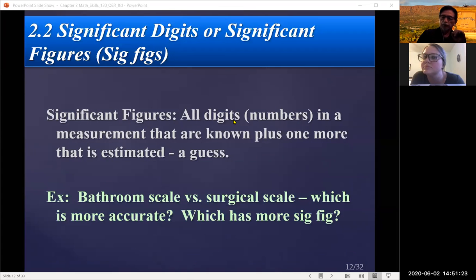Which brings us to the point of significant digits. This is where I think the term significant kind of confuses things. When we talk about significant figures, we're talking about how accurate your measurement is. It has nothing to do with whether it's worth anything or whether it plays a factor in the calculations.